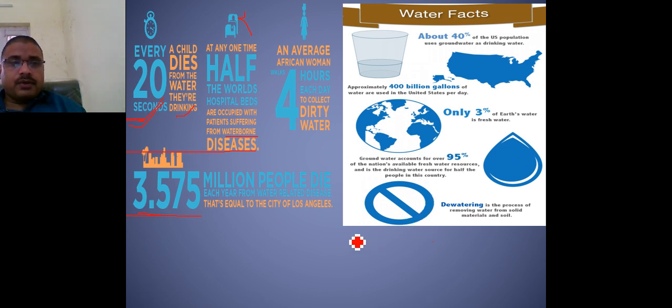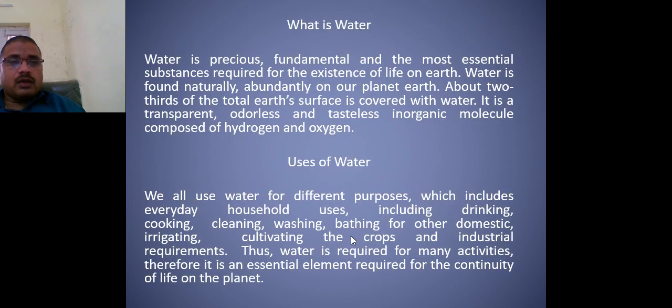If we do not secure or procure water, what will happen to the coming generations? Because of this, we need to understand what water is and why it should be procured or harvested.